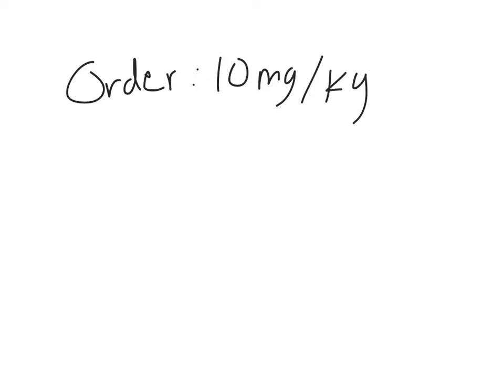So for a person who weighed 2 kilograms, they would have to take double that amount, so their ordered dose would be 20, because they would take 2 times 10. For a person who weighs 3 kilograms, they would take 3 times the amount, so they would take 30, and so on and so forth.